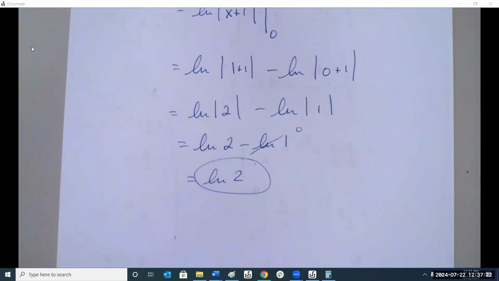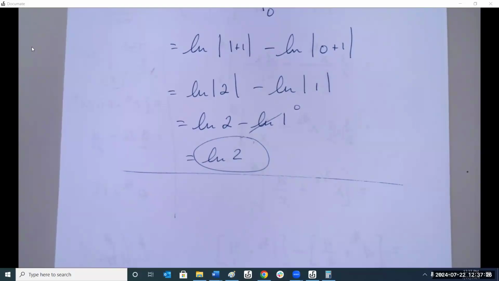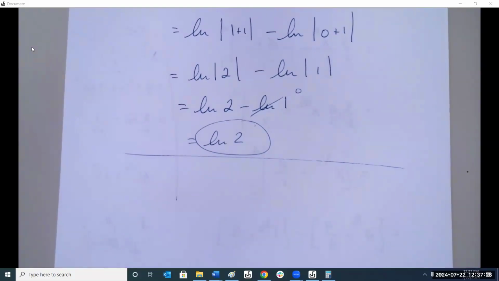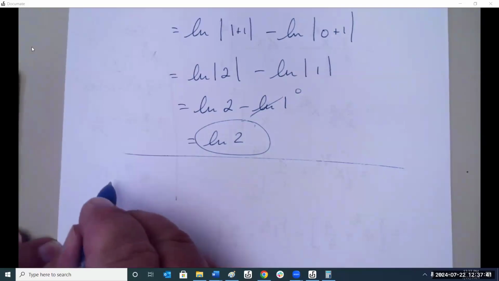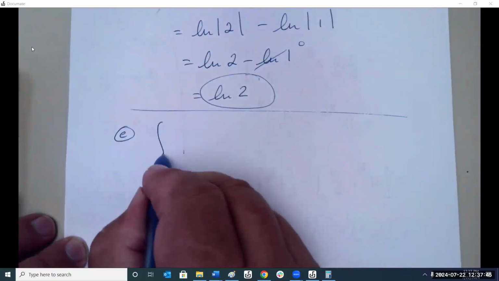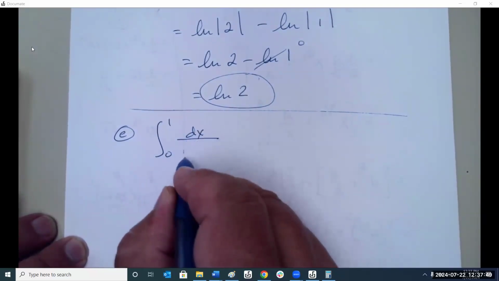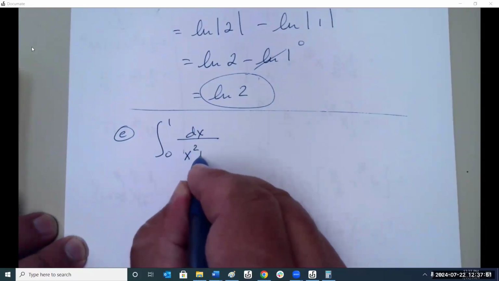You just go with it. Just take a stab at it. Let me show you the formulas again. The integral from 0 to 1 of dx over x squared plus 1.